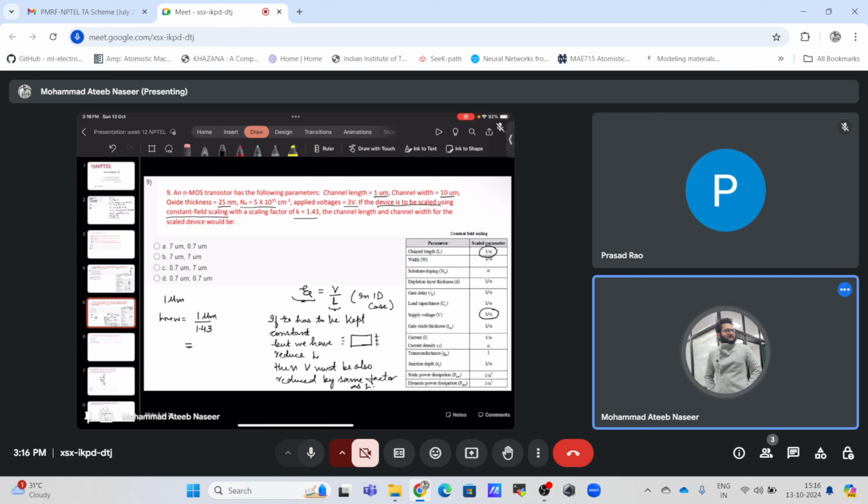That is approximately 0.7 micrometer. Similarly, the new width will be 10 micrometer divided by 1.43, which is approximately 7 micrometer. So option C is the correct option.